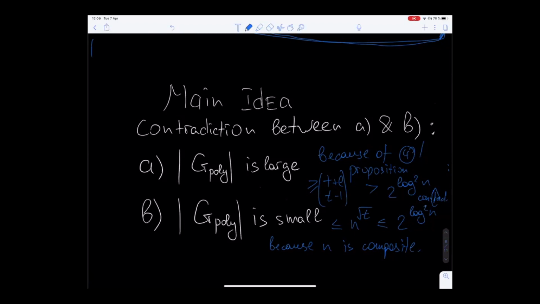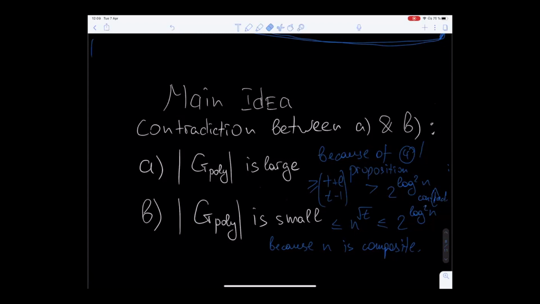And if t is roughly log squared, then you see the difference between these two. I can of course do these calculations, but I don't think it's essential. It's kind of straightforward, I think. Okay.